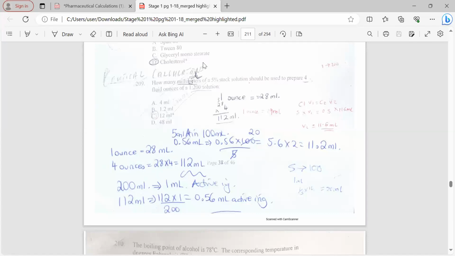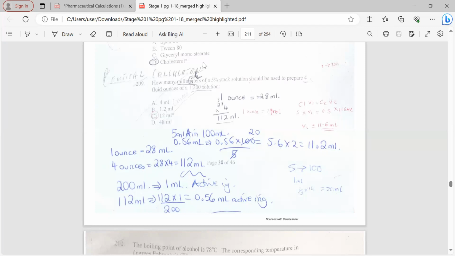But instead of 200, we want it to have 120. The question is how many milliliters of a 5% stock solution should be used to prepare 4 fluid ounces.